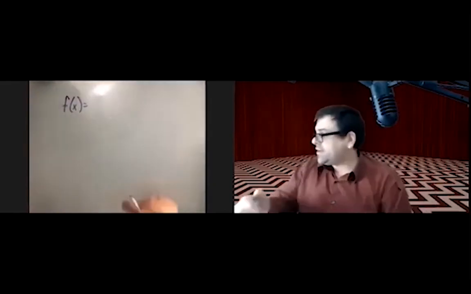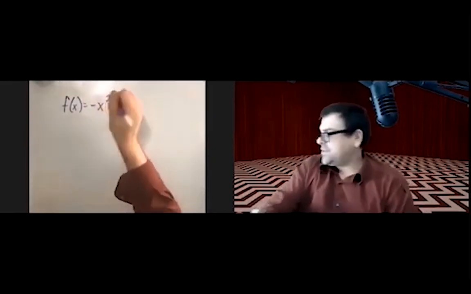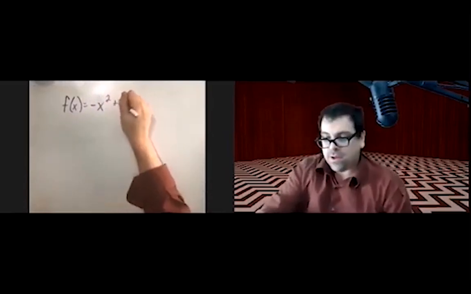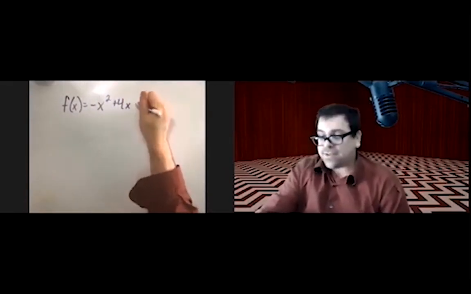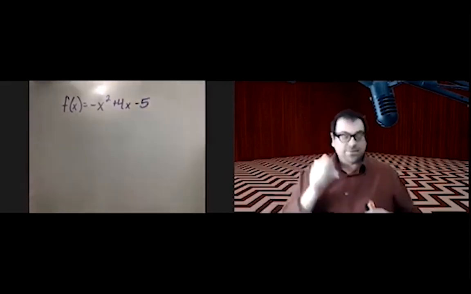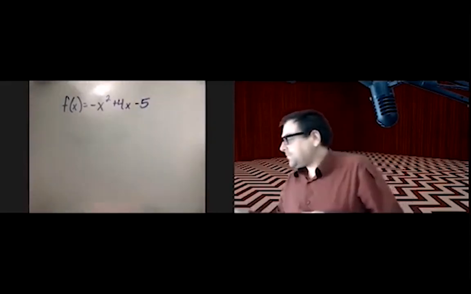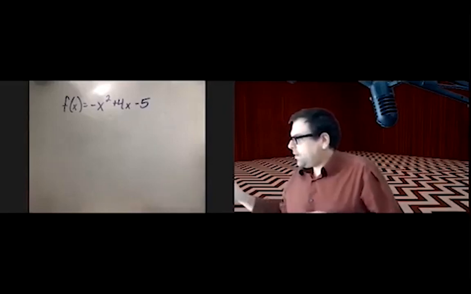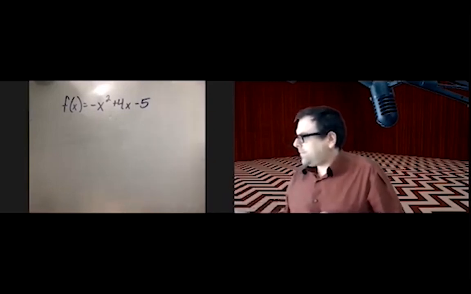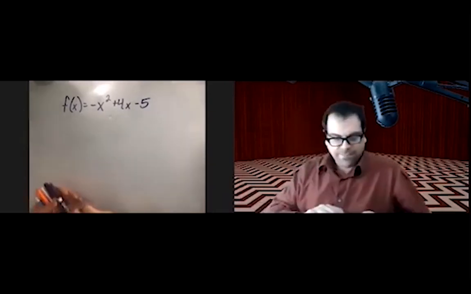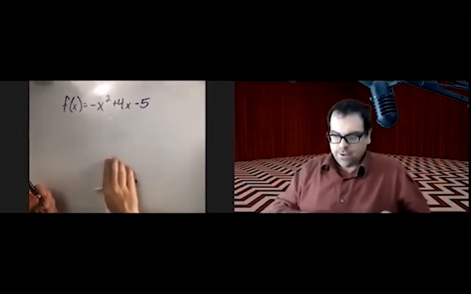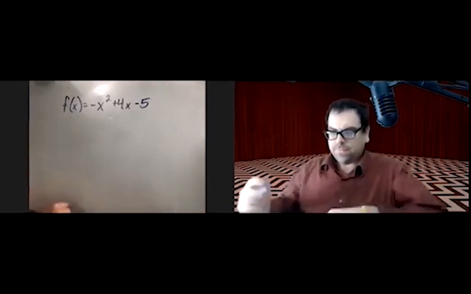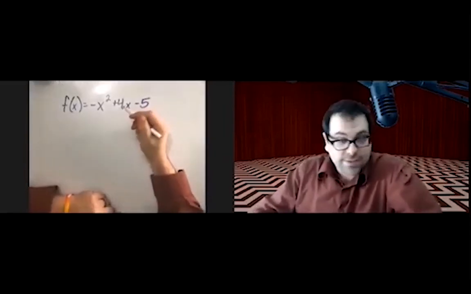Next up, we're going to have f of x equals negative x squared plus 4x minus 5. Let's find the vertex.